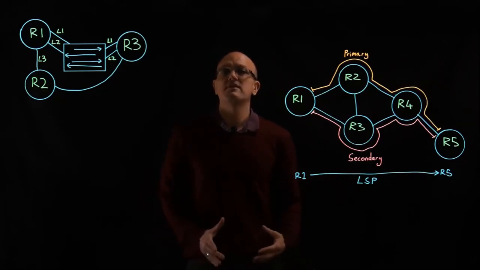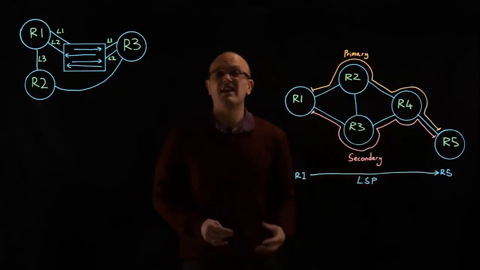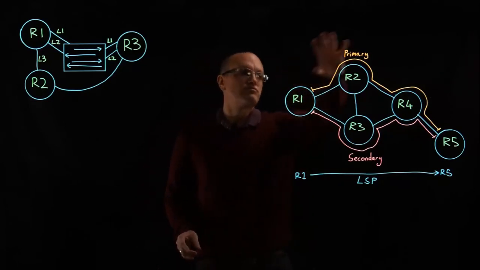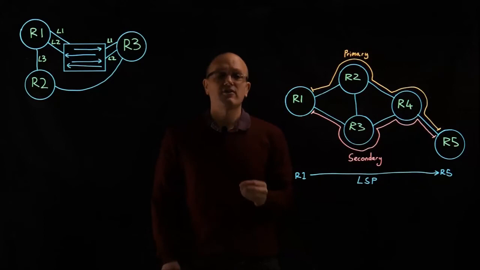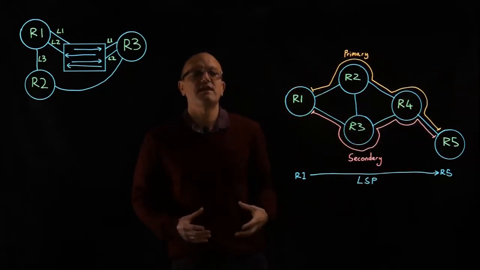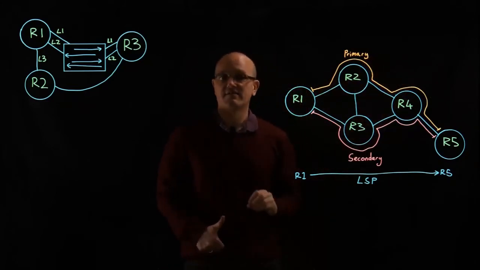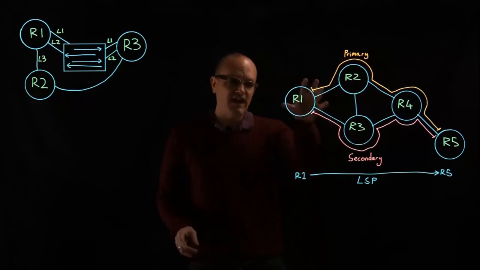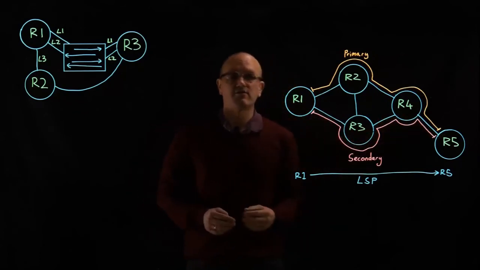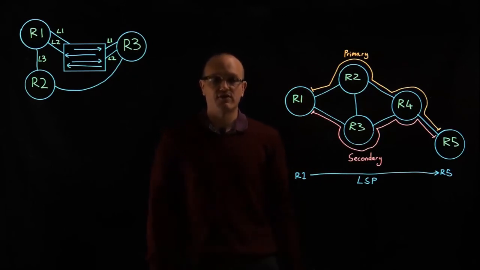So what can we do to minimize the amount of downtime that this LSP would experience in a similar sort of failure scenario? Well, what if we can have a primary path for this LSP, and we can also pre-signal a secondary path for this LSP? If this failure were to happen again, we still need to notify the head end of the failure, but as soon as that notification gets to the head end, we already have a pre-existing path that's already pre-signaled that we can immediately switch traffic into and restore service.